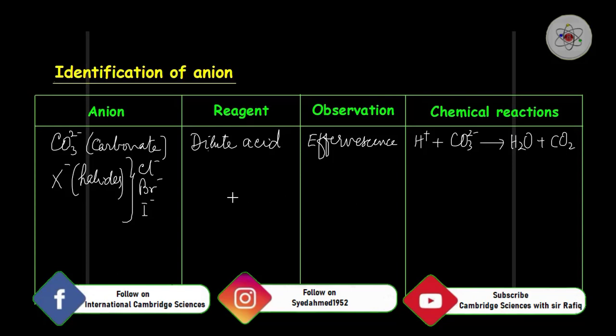So we should think whether we can make insoluble salts using these. Yes. If we have a reagent containing silver, silver can react with chloride, bromide, iodide to form silver chloride, silver bromide, and silver iodide respectively, which are insoluble salts and are observed as precipitates.